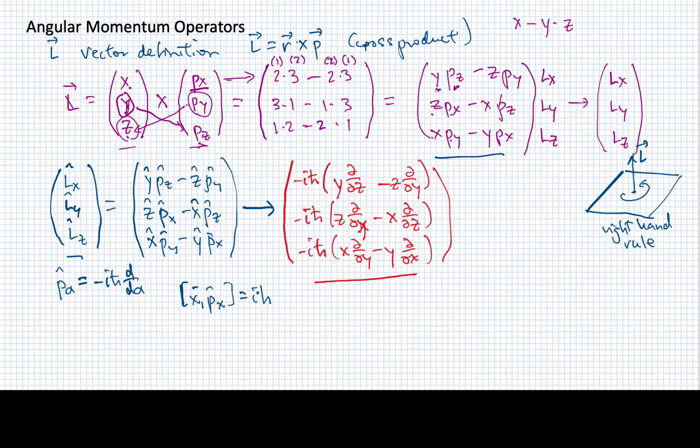They equal i h bar, and this would also be true of y and py, and also true of z and pz. So we can use this fundamental commutator to now develop expressions for commutators like Lx, Ly, for example. That's something that we'll do a little bit later on in the lesson. In fact, you're invited to do it in a practice problem that's part of lesson, I believe, 3A.